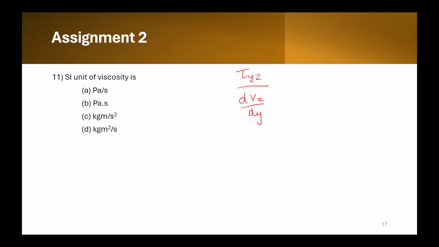So this has unit as Pascal, and this has unit as meter per second upon meter. So meter gets cancelled, per second goes up. So it comes out to be Pascal second. So the correct option here is B. This is incorrect. This will not be the answer. It will be Pascal second.